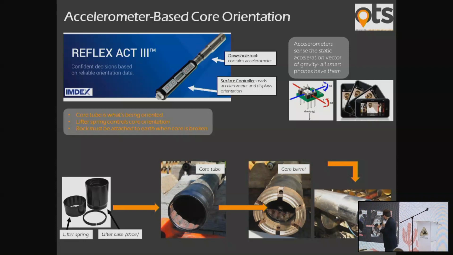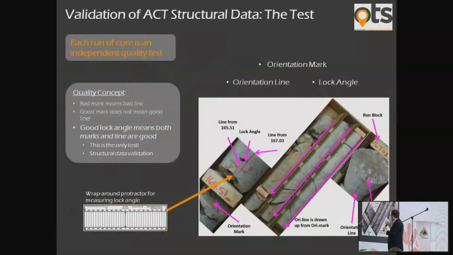People need to understand that once you drill around a core, the rock at the bottom needs to be attached to the earth, and then when the driller pulls back, they snap it. That's how the process works. We train on that, because if people don't understand how it works, they don't make good data.